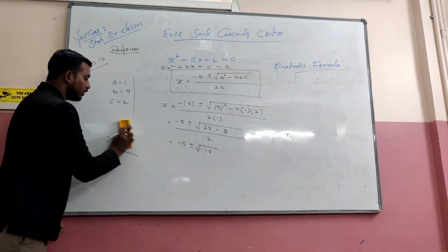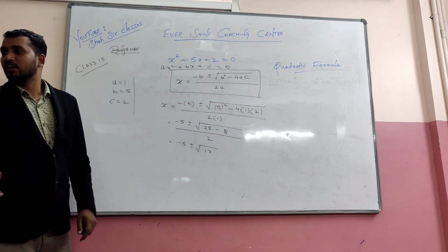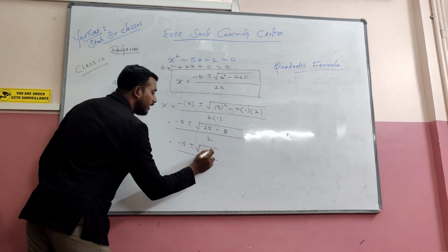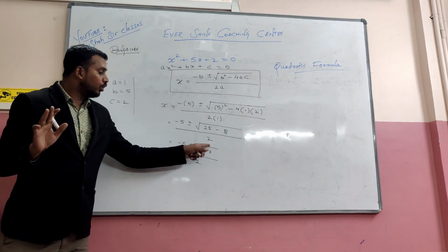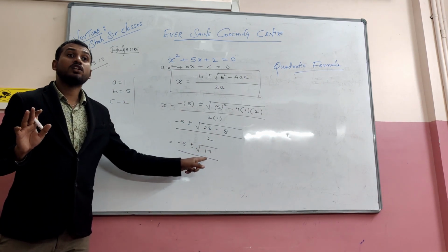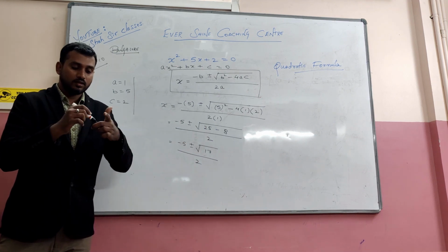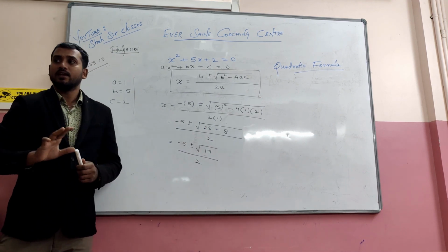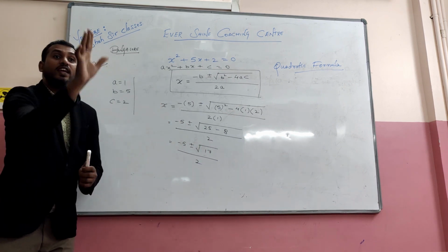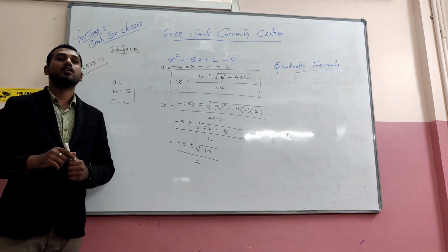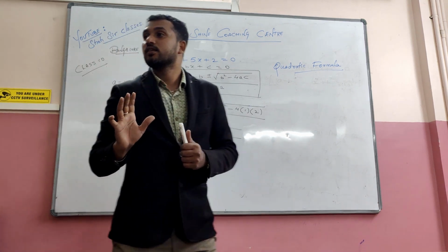Come to the point. Is this clear? Whole divided by 2. Now the question is simple. Root 17. In any table, perfect square number, because it is square root, no? Which are the perfect square numbers? What do you mean by perfect square?